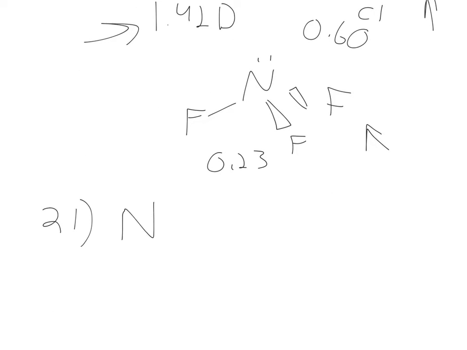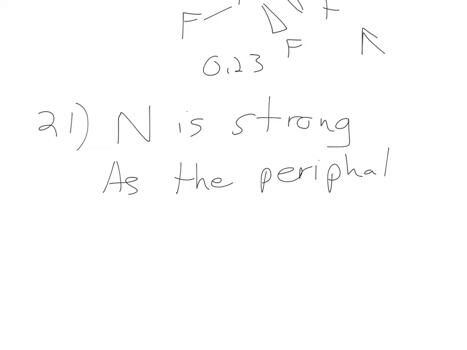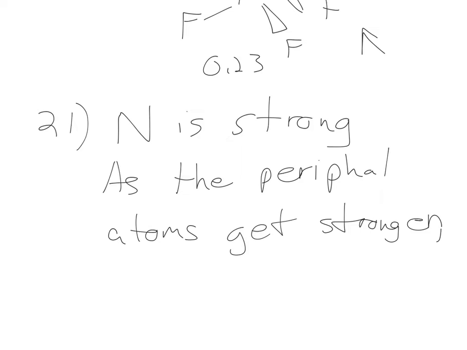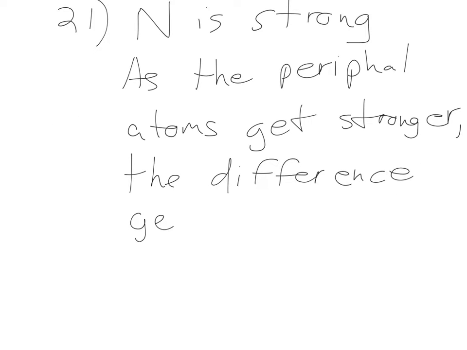So nitrogen is strong, and then as the peripheral atoms get stronger, the difference between nitrogen and those peripheral atoms gets smaller.